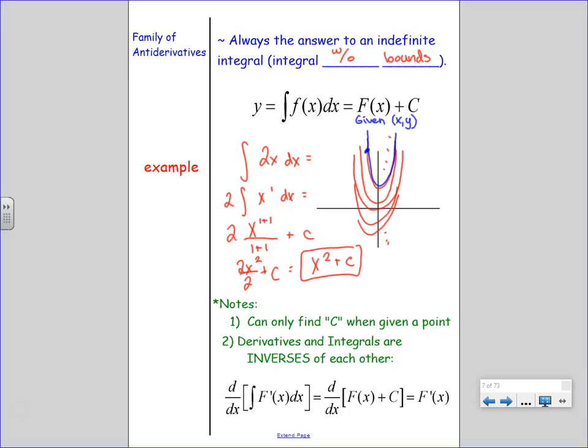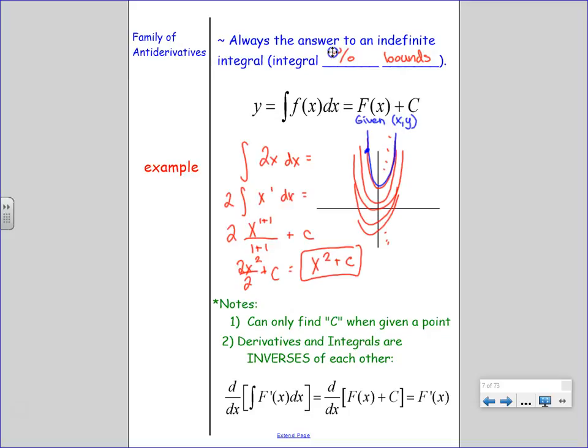Then you would have your one specific. But if they don't give you a particular condition, you're stuck with the family of antiderivatives. And that's why the note at the bottom says you can only find c when given a point. You can only find c if they've given you some sort of clue about the original. Otherwise, you're kind of stuck. But that's okay, that's on purpose.